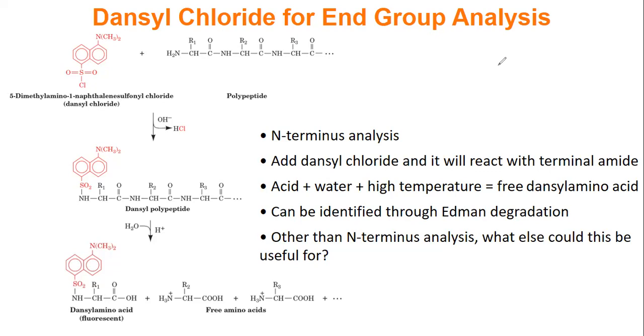Dansyl chloride will react with the N-terminus of amino acids to get this dansyl polypeptide. You then add acid and very high temperatures. So it's a very dangerous experiment, but you can do that. And the amino acid will pop off. In fact, you break every single peptide bond when you add acid and high temperature.